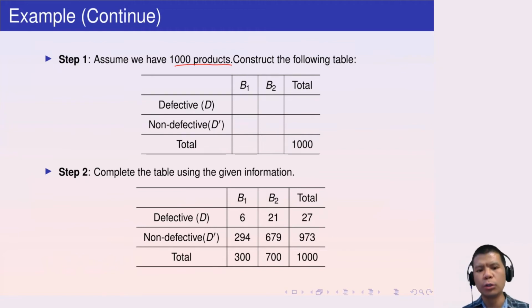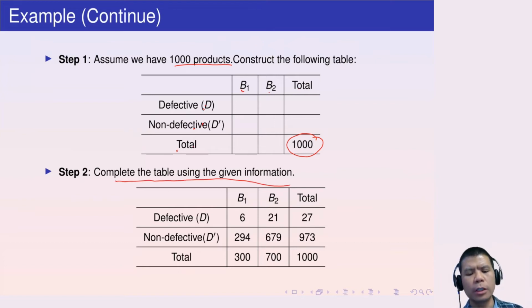For this question, I'm going to use 1,000. Then we construct the following table. This table has defective, non-defective, total, B1, B2, total, and here I have 1,000. The second step is to complete the table using the given information.